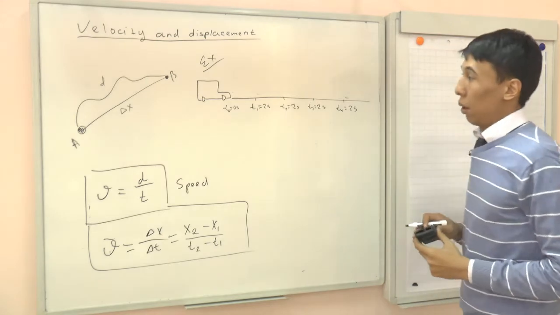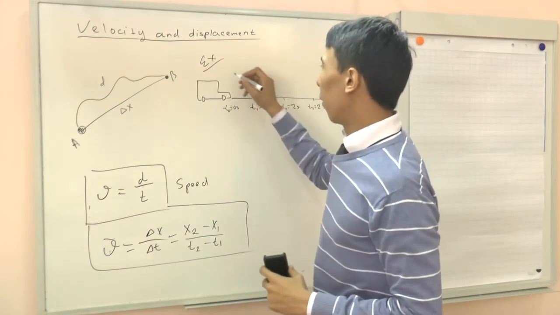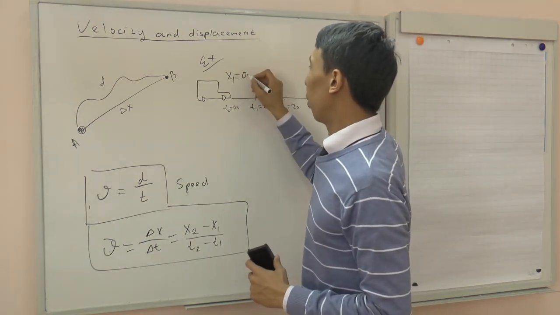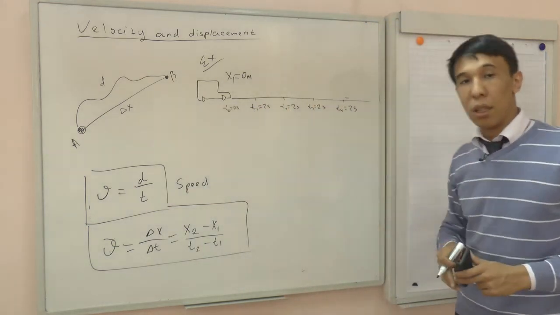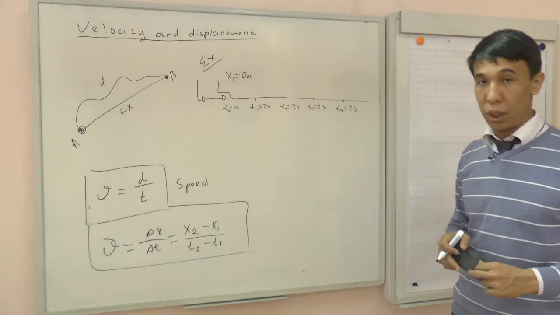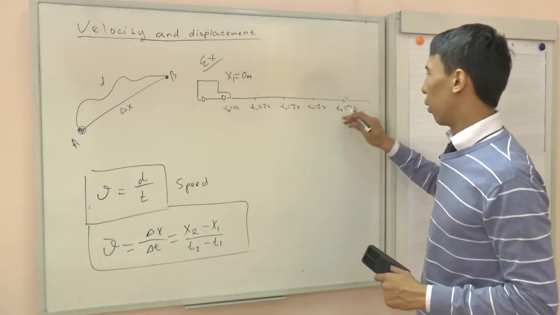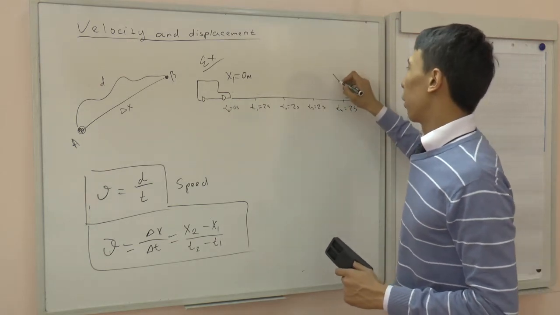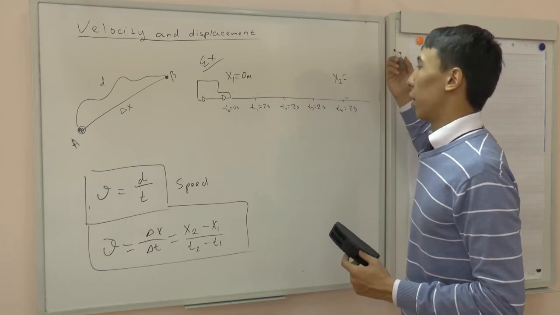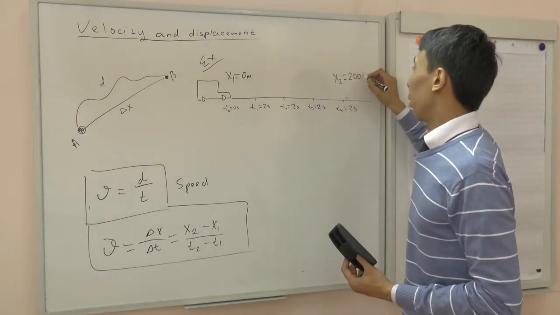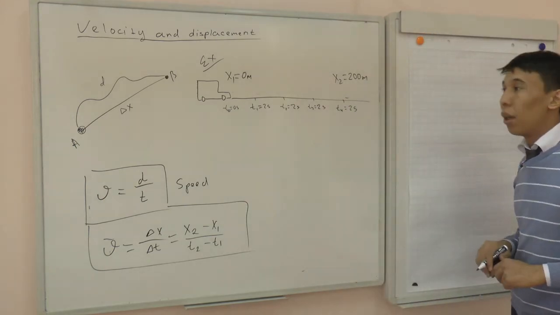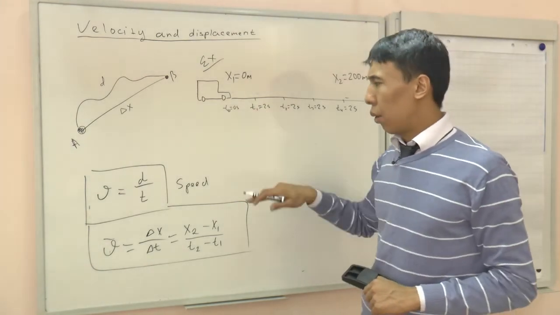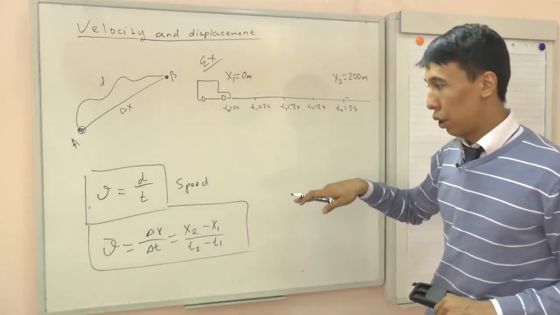Now let's imagine x1 here is equal to 0 meters because the car does not start the motion yet. And for this period, for t4, x2 is equal to, I don't know, maybe let's imagine 200 meters.